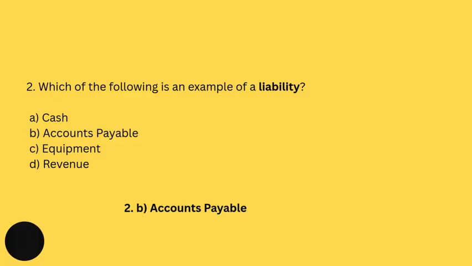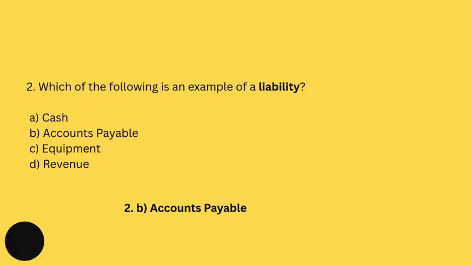Which of the following is an example of a liability? Here are your options: cash, accounts payable, equipment, revenue. The correct answer is B, accounts payable.